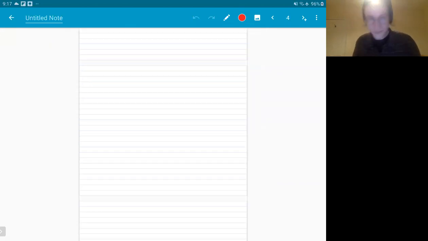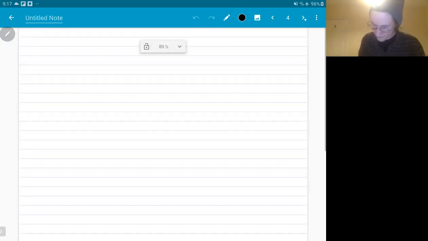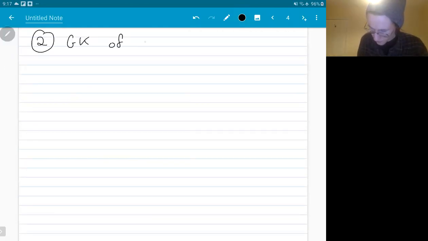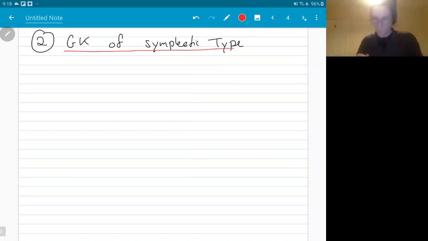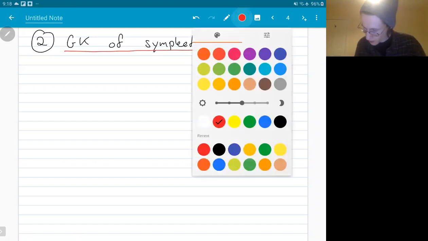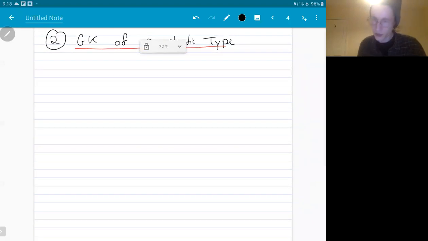Okay, so the story that we covered for the generalized Kähler potential applies to a certain subclass of generalized Kähler structures, which are called generalized Kähler of symplectic type.